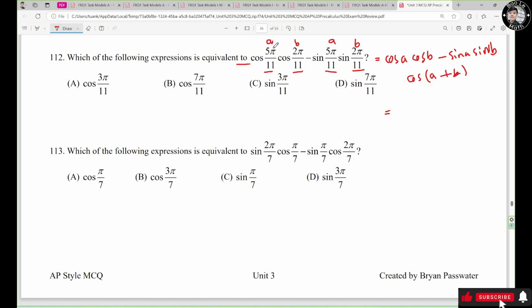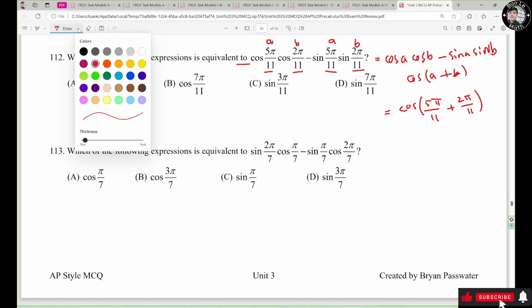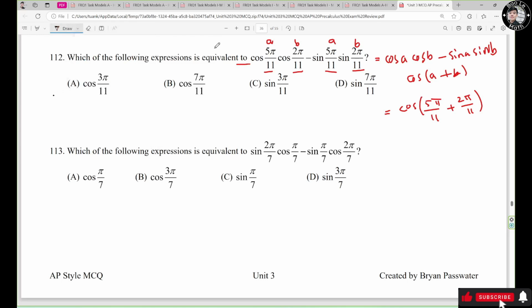So A equals 5 pi over 11, B equals 2 pi over 11. I just substitute into this expression, so I have cosine of 5 pi over 11 plus 2 pi over 11. The common mistake students always make: when this is a minus sign, this must be the opposite when it comes to this formula.